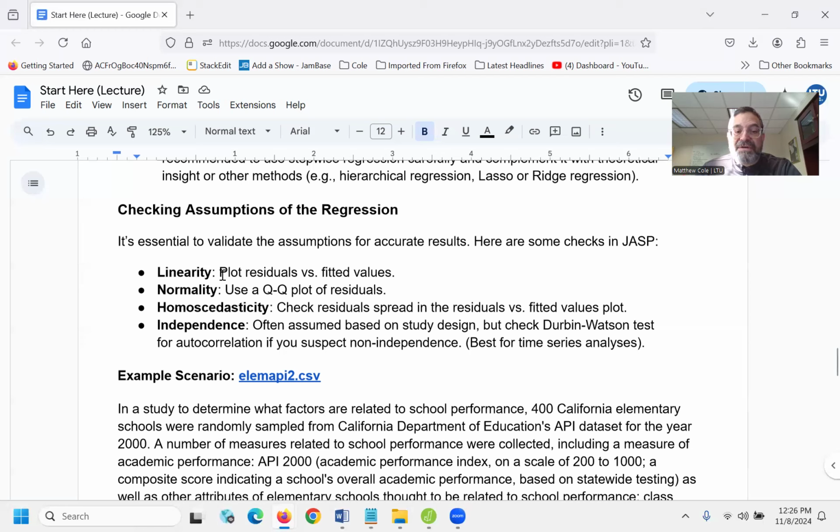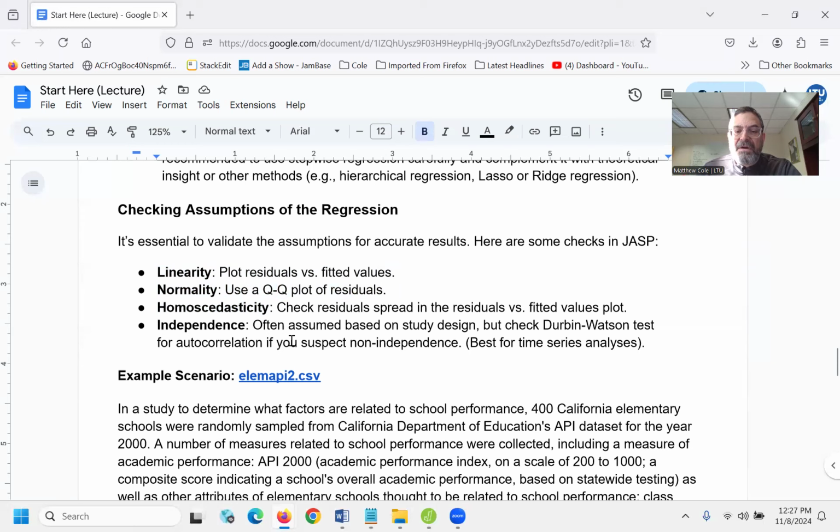So I'm going to teach you how we check through visualization the assumption of linearity, the assumption of normality, and the assumption of homoscedasticity. In the particular examples we're using today, we're not necessarily concerned with the assumption of independence.